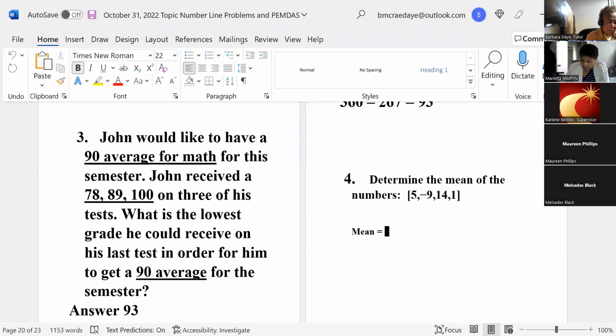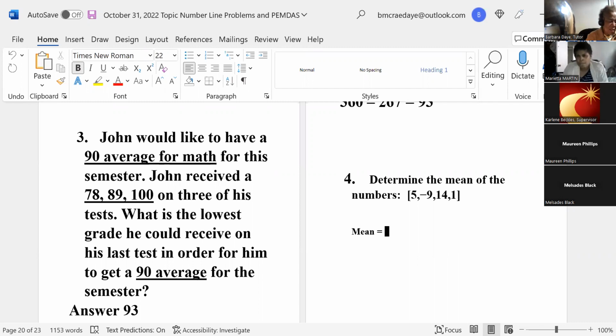Maybe it's wrong. What did you get when you add those numbers up? Miss, I subtract and add. So what was your answer for 5 minus 9, 14, and 1? I got 19, divided by 4. You get what? I got 18 divided by 4. How did you get 18?